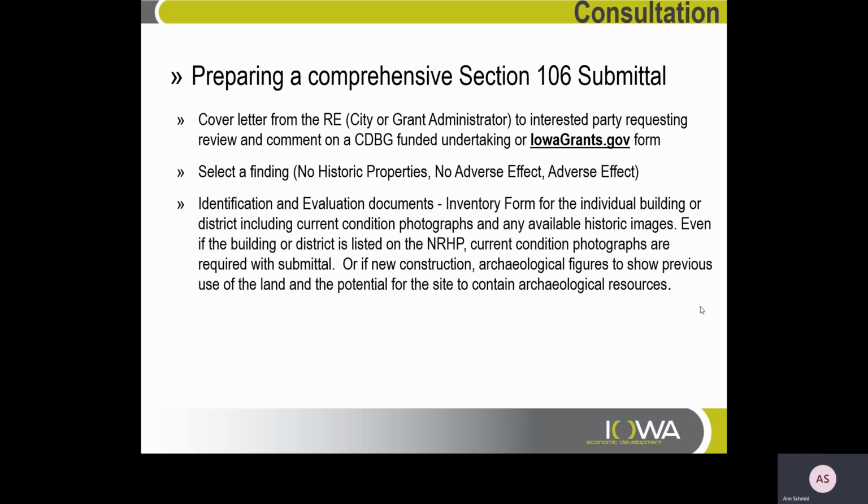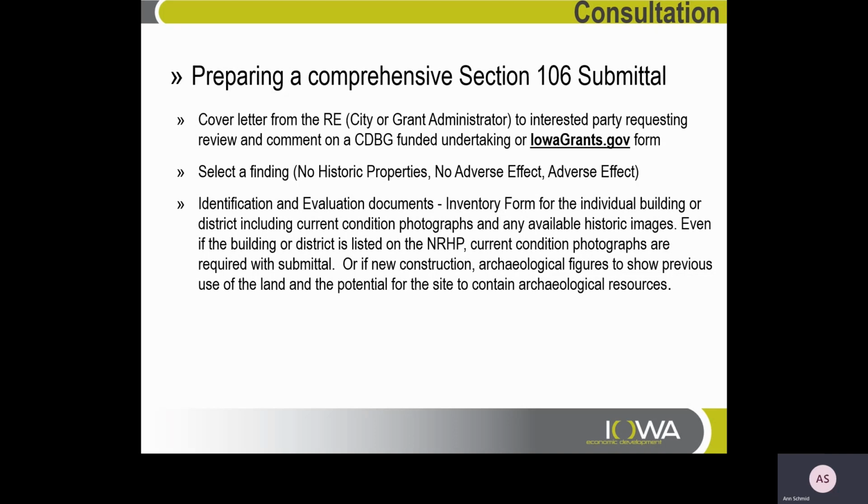You want to provide through uploads in Iowa Grants all of your identification and evaluation documents. Inventory form, including individual buildings or districts, current condition photographs, any historic images. Even if a building or district is listed in the National Register, current condition photographs are still required for your submittal.